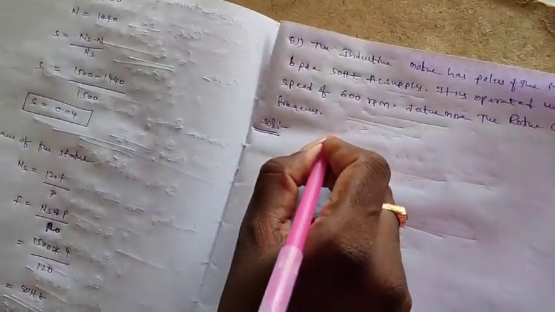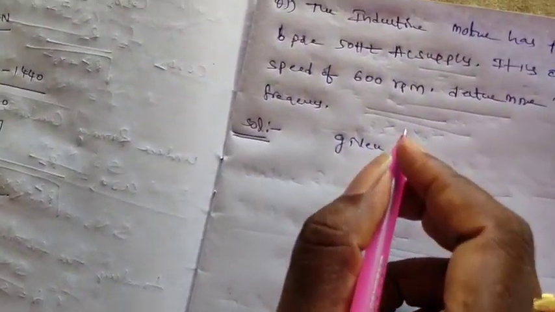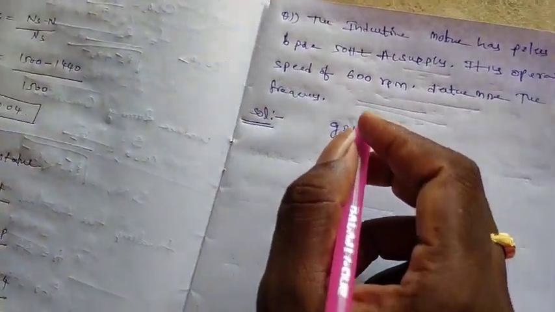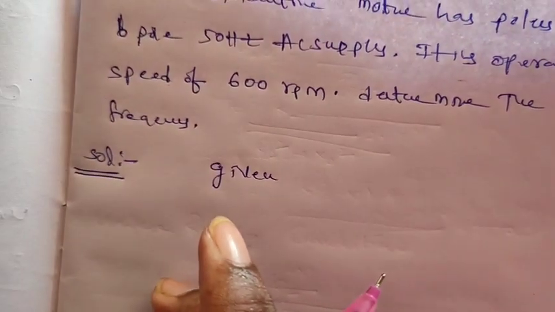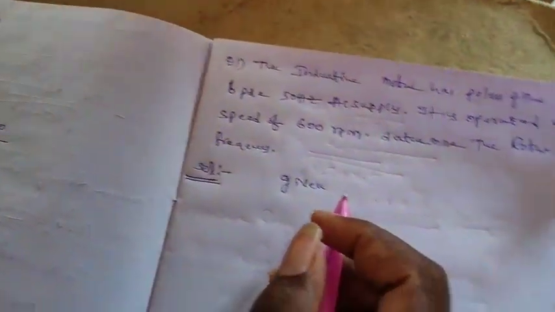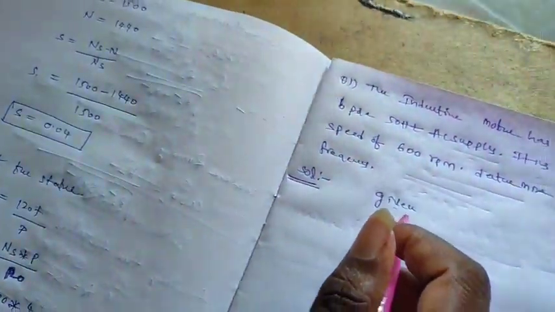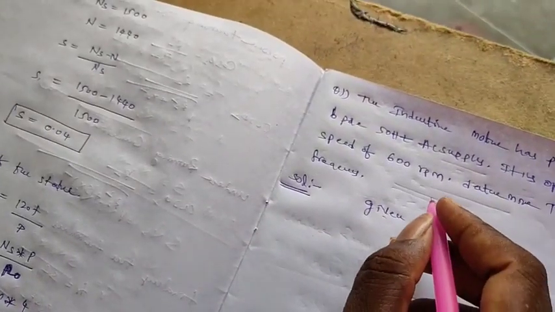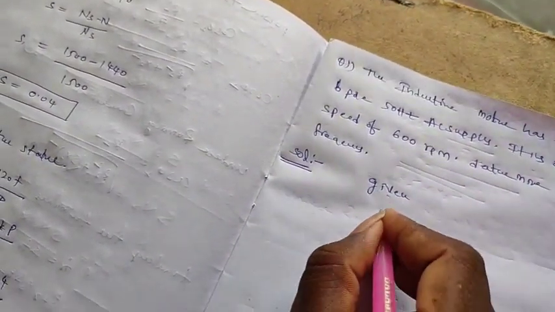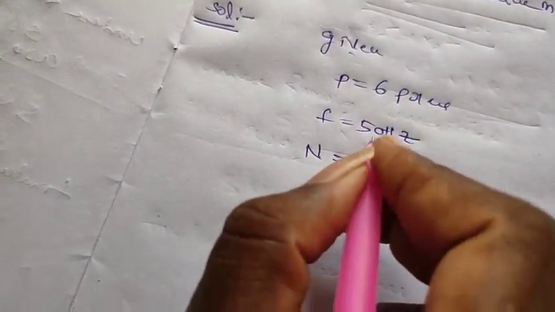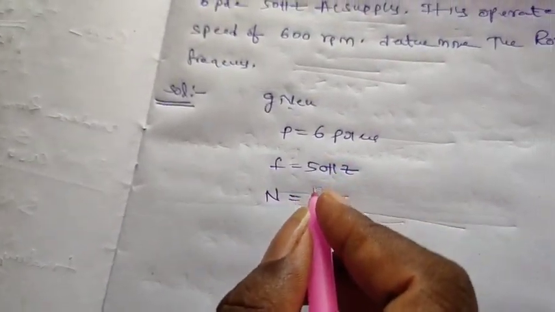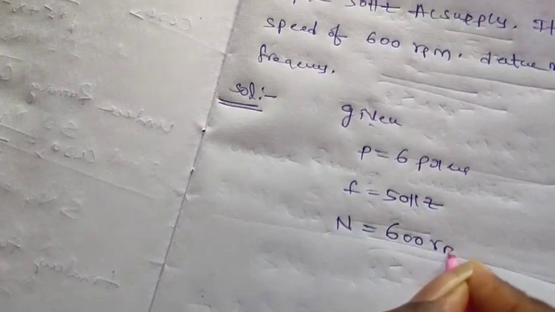The solution: given that number of poles equal to 6 poles, and F equal to 50 Hz, actual speed equal to 600 rpm.